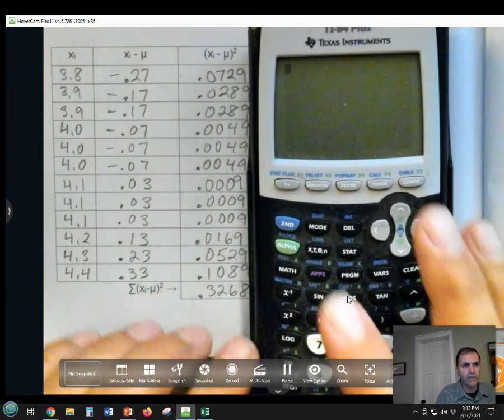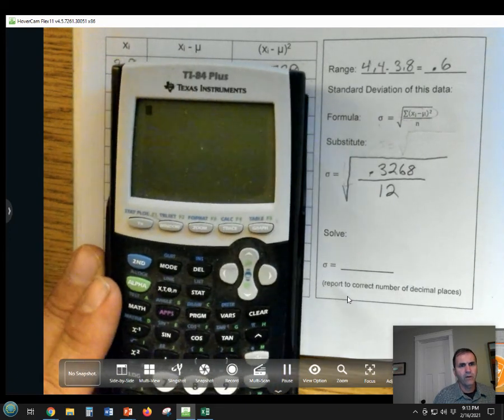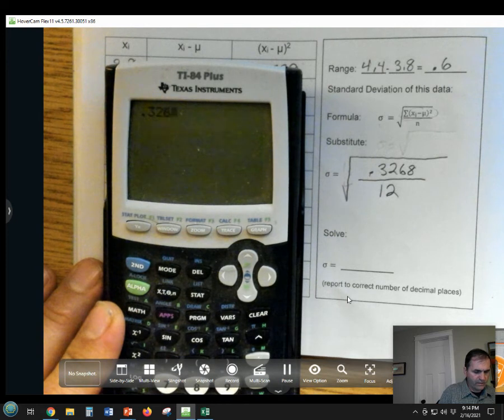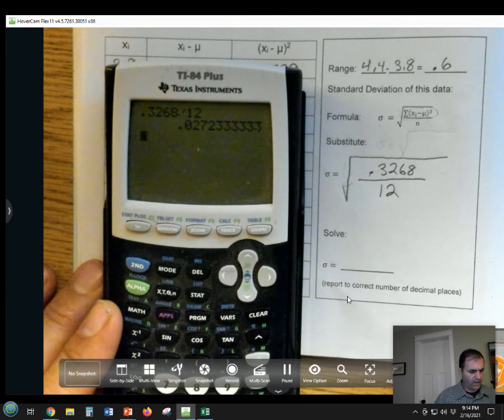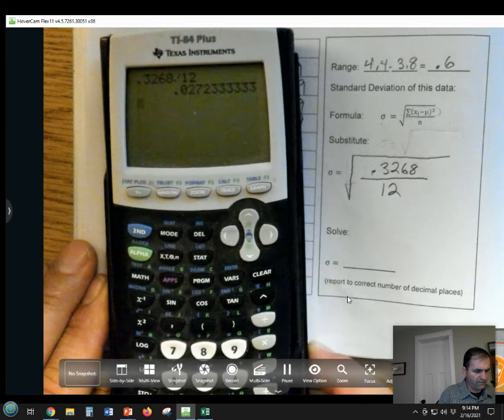All right, so here we go. Let's go ahead and do this. Come on, focus. There we go. All right, so we're going to do 0.3268 divided by 12. Okay, and that's going to get us a number. And then for me, I think on here I have to use a function.